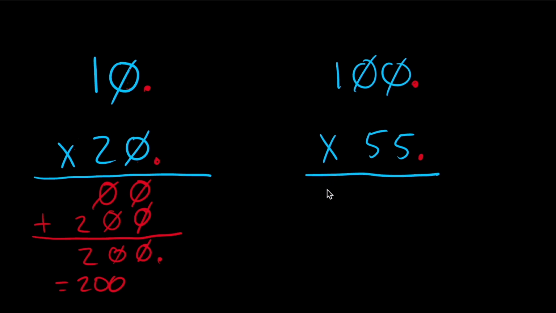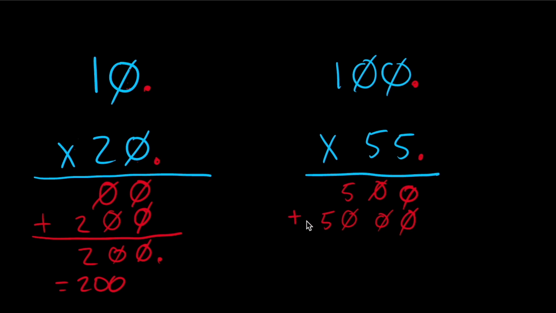Now let's look at the next problem. 100 times 55. And we'll do the same. 5 times 0 is 0. 5 times 0 is 0. 5 times 1 is 5. And then we add the 0. And 5 times 0 is 0. 5 times 0 is 0. 5 times 1 is 5.